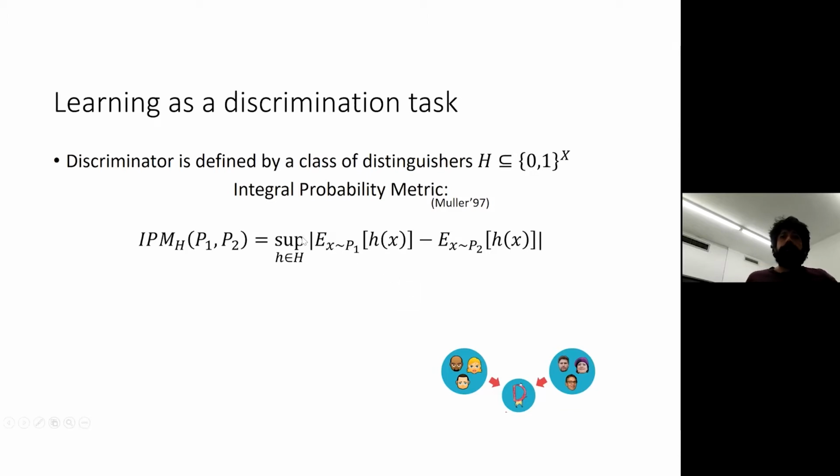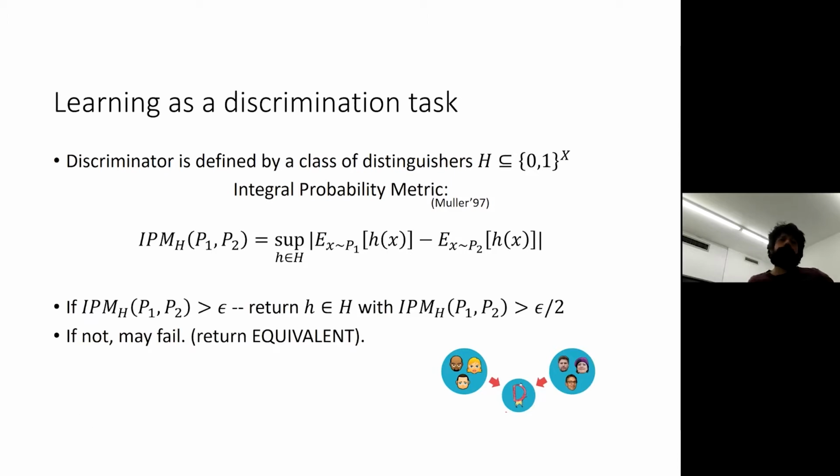And the metric is basically you find the best hypothesis in your class that distinguishes between the two distributions. So the distance between the two distributions is given by the best distinguisher in your class.